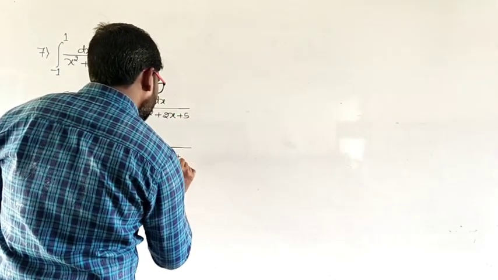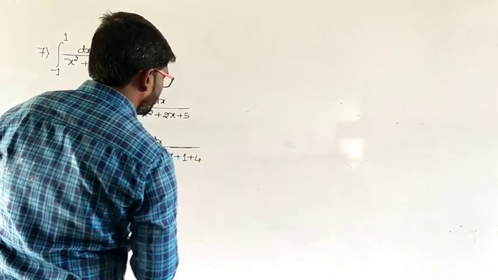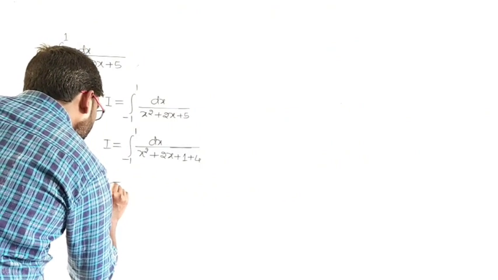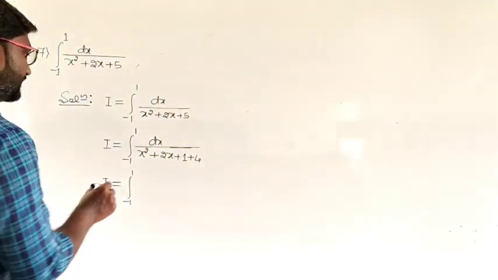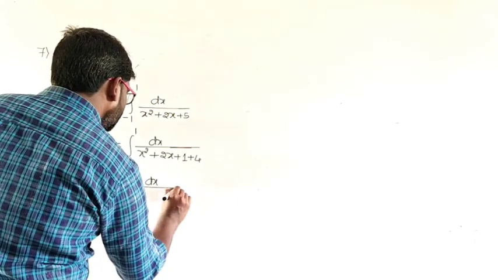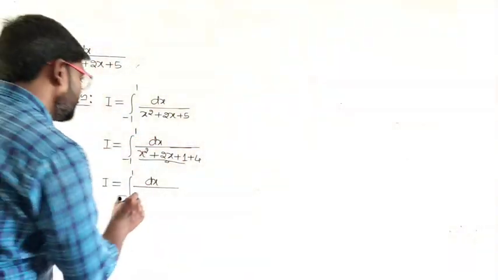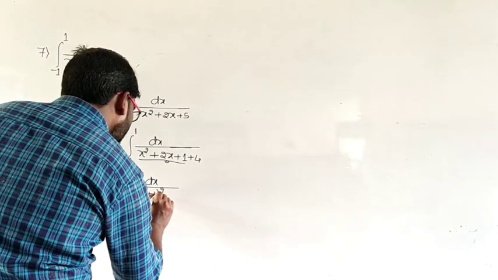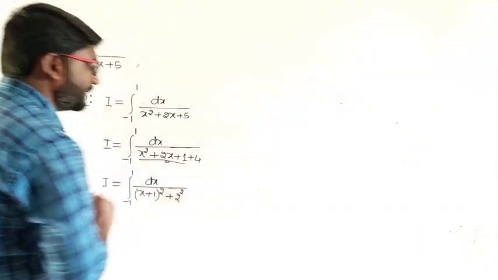So now I, which is equal to integral minus 1 to plus 1, then dx upon this can be written as x plus 1 the whole square, plus 4 can be written as 2 square.